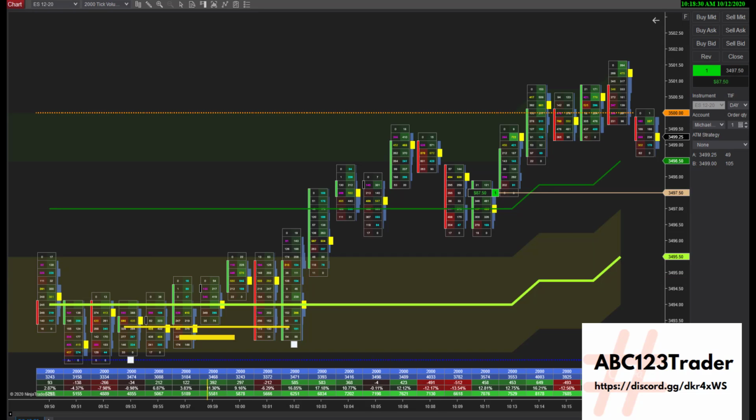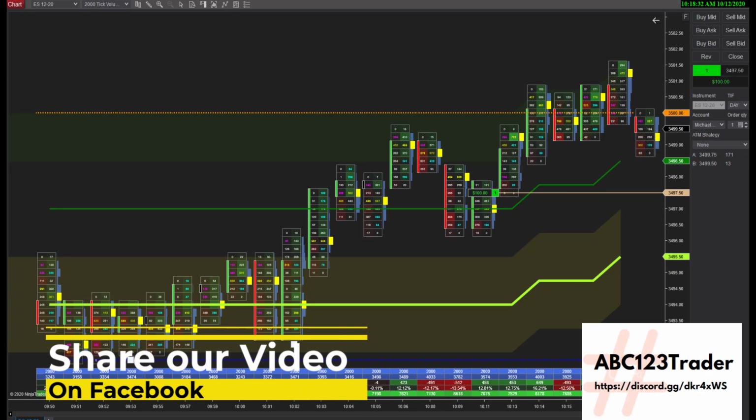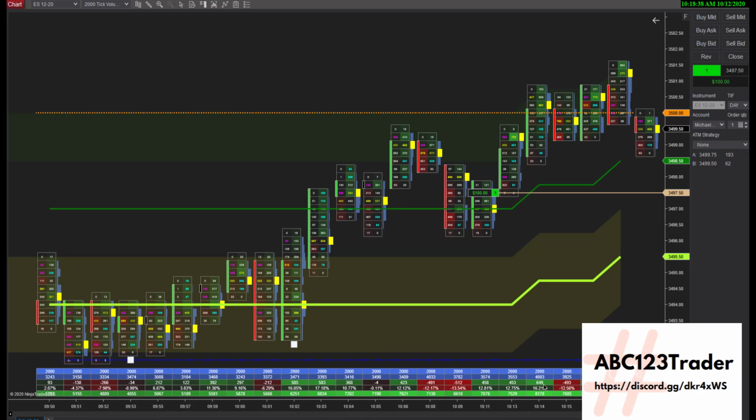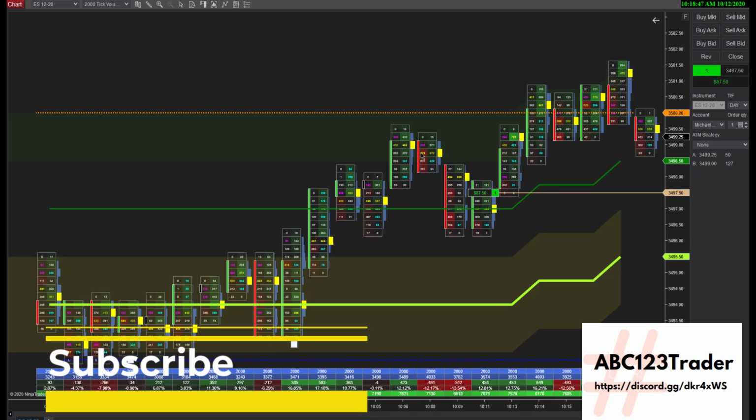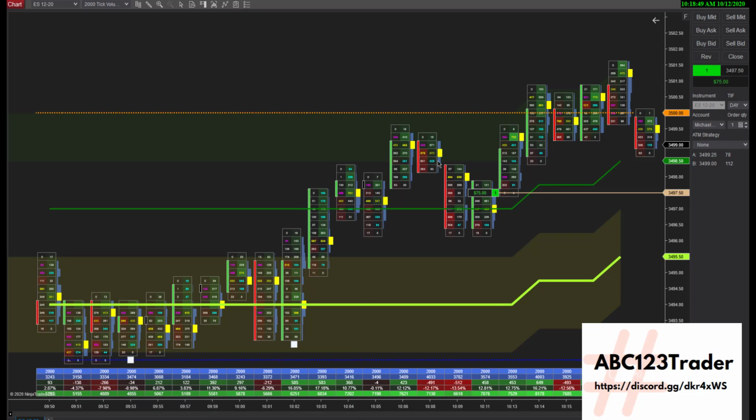Alrighty, what this number represents is the percentage of delta switching over: positive delta, negative delta, positive delta. Delta is the net difference of the ask and the bid price.